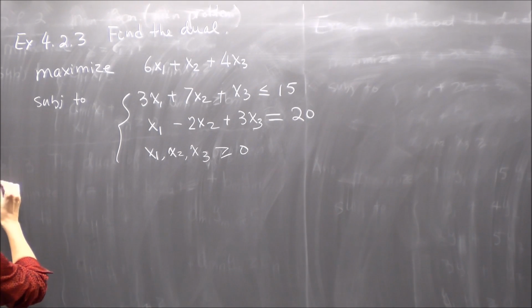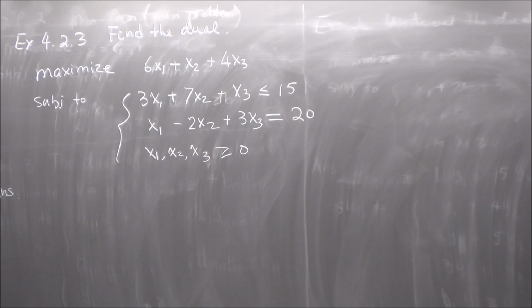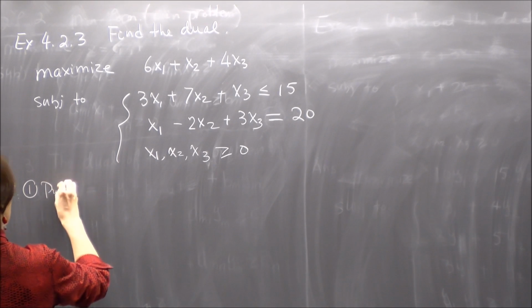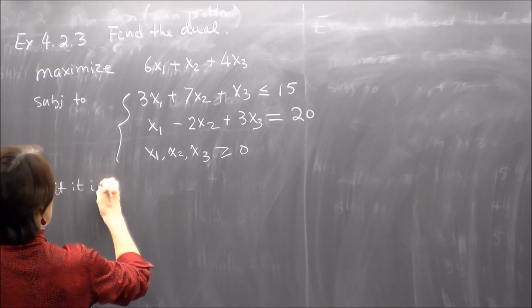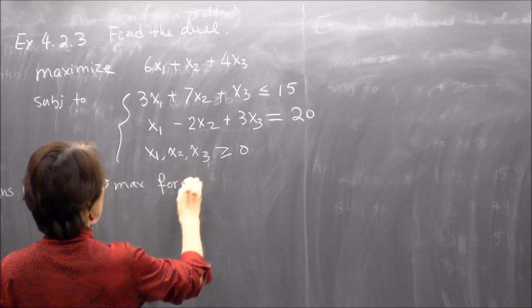Okay, so answer. We need to take 2 steps. First, we have to write it into a max problem, then we can form the dual, right? So let's do the first step. Put it in max form, because it's not in max form.